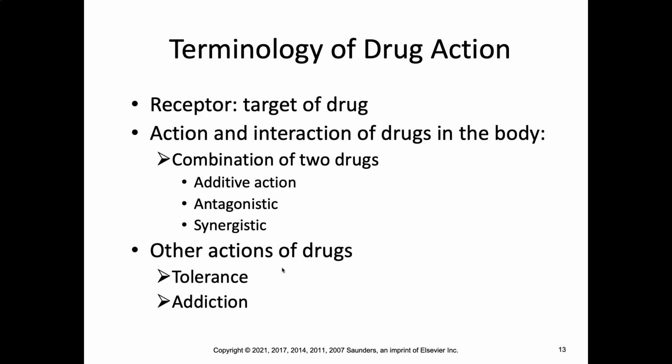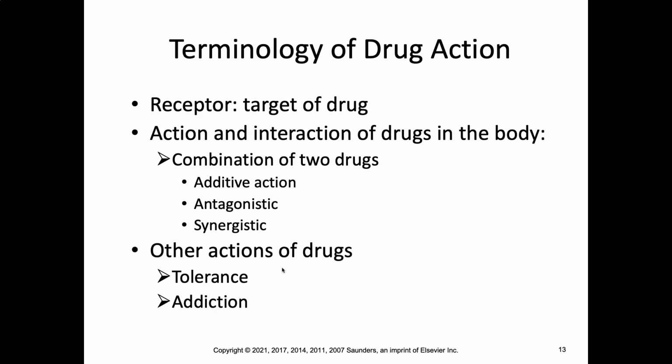Tolerance is a feature of addiction to drugs such as morphine and like Demerol. Demerol is a narcotic. So when you're talking about narcotics, which we will as we go through here, tolerance is a feature of addiction.